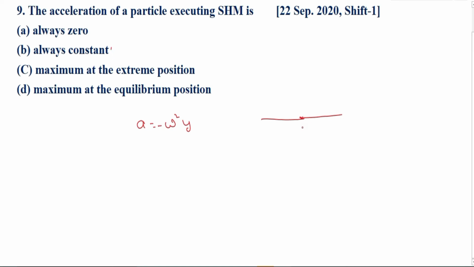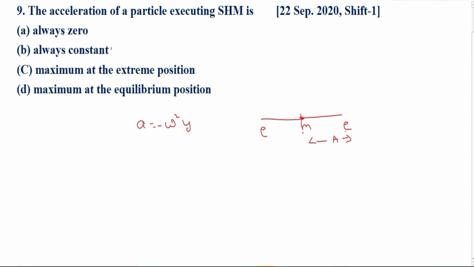This is your mean position, and these will be your extreme positions. It moves to and fro with respect to its mean position. This distance will be the amplitude, which is the distance between the mean position and the extreme position.